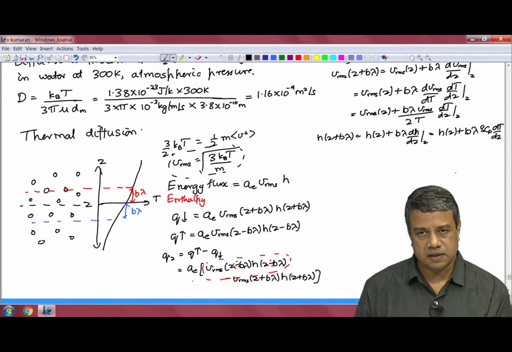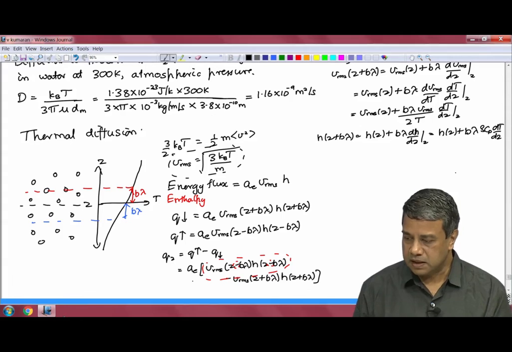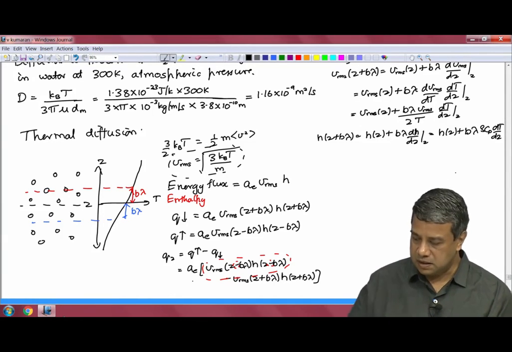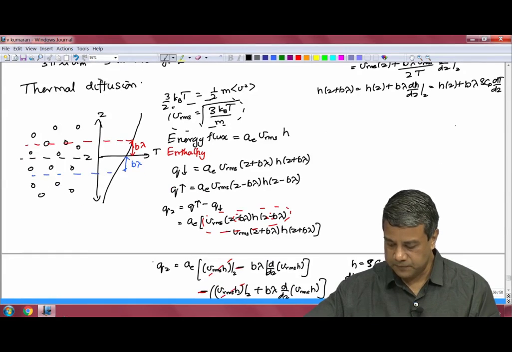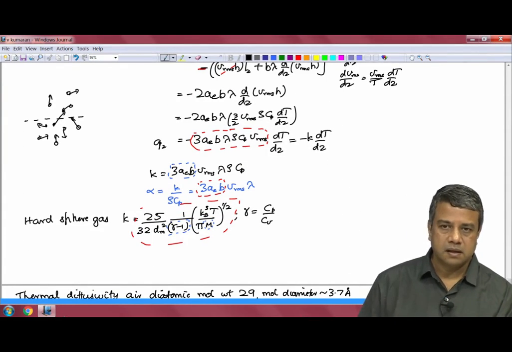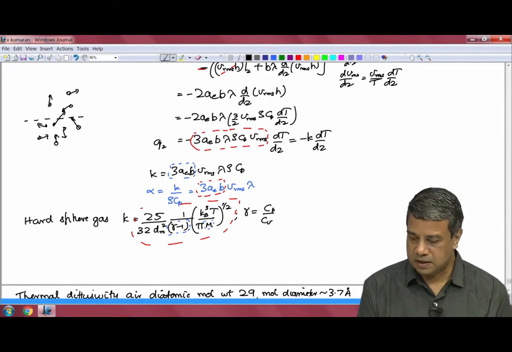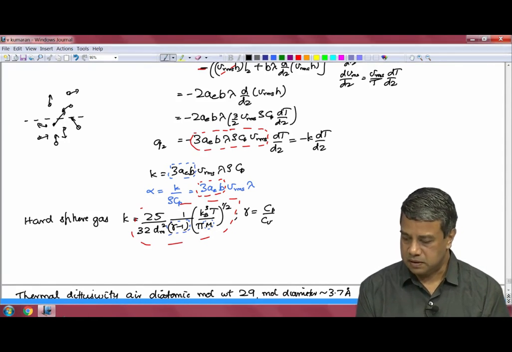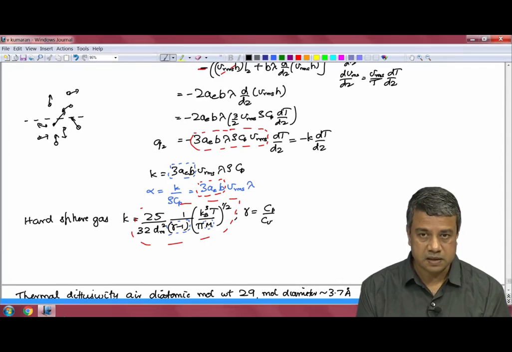Do the same calculation, assume the mean free path is small compared to the macroscopic scale, and express the root mean square velocity and the enthalpy density in a Taylor series expansion. Then you will get an expression for the heat flux, in which the thermal conductivity is equal to Vrms into the mean free path into rho Cp. Thermal diffusivity is just Vrms into lambda. So, it has the same dependence on molecular properties as the mass diffusivity.